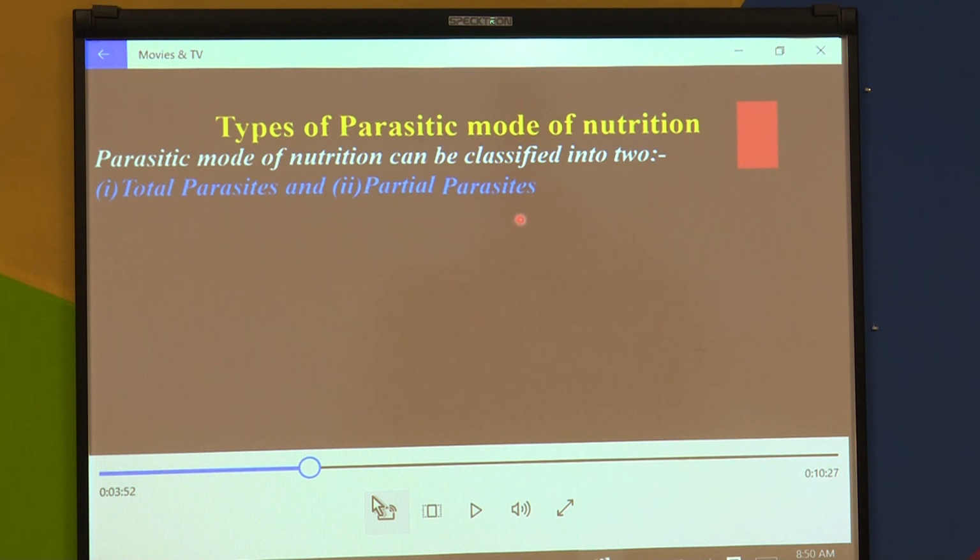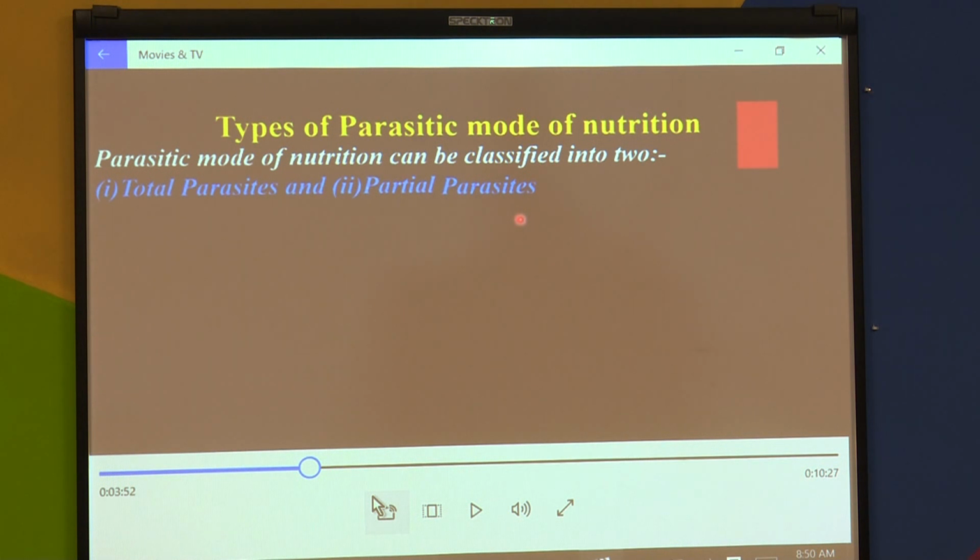And the second type is partial parasites. In partial parasites, what happens? These sometimes have chlorophyll, and they can prepare their food themselves, but they still grow on another plant and take only those nutrients which are necessary for preparing food, which they cannot make by themselves.